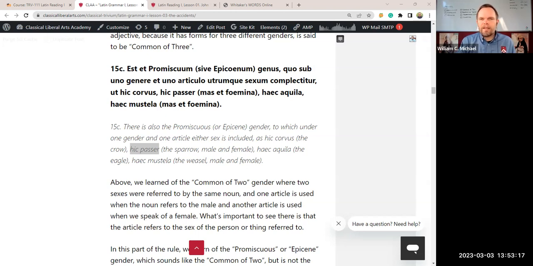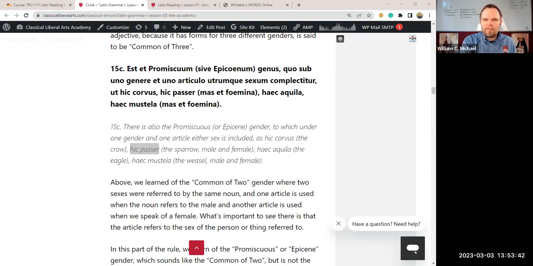When you study this lesson, masculine, feminine, neuter, that's going to be easy, right? But when you get to common of two and promiscuous gender, you have to make sure you understand the difference. Common of two is a word that can be used for a masculine or for a feminine, but the pronoun will change.